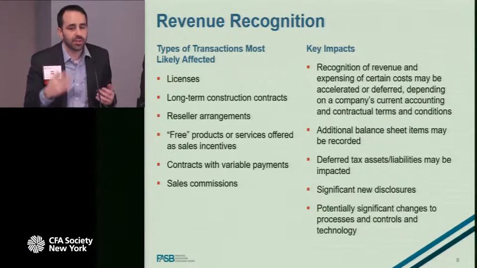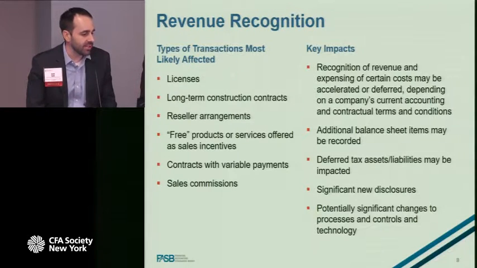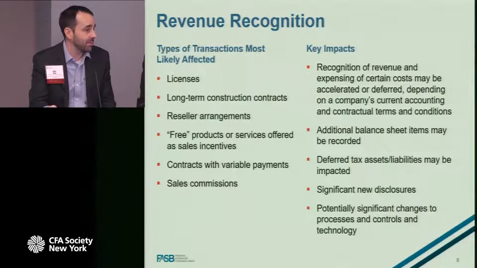So if you've got a distributor who was previously following the sell-through method, they're going to see some changes here. Free products or services that are offered as sales incentives, they're now going to have revenue allocated to those quote-unquote free products or services. Contracts with variable payments, or then situations where the company is paying sales commissions to their employees. In those cases, the revenue standard has guidance about capitalizing some of those commissions.